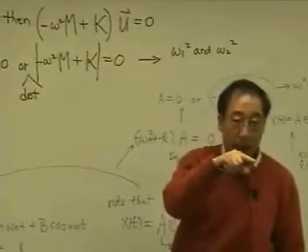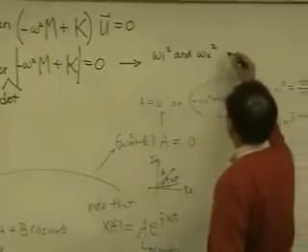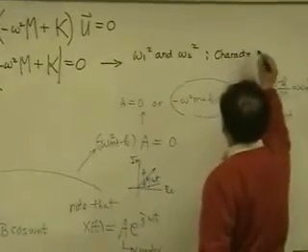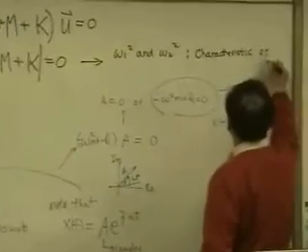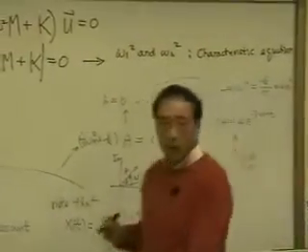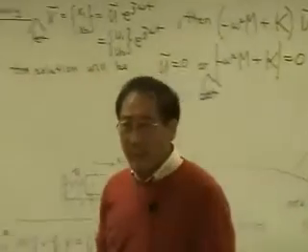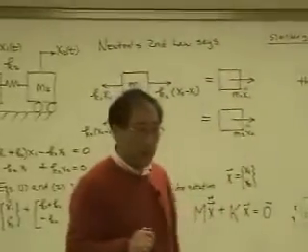Okay? And this we call the characteristic equation. Okay. In other words, that equation characterizes the vibration of a 2 degree of freedom system.